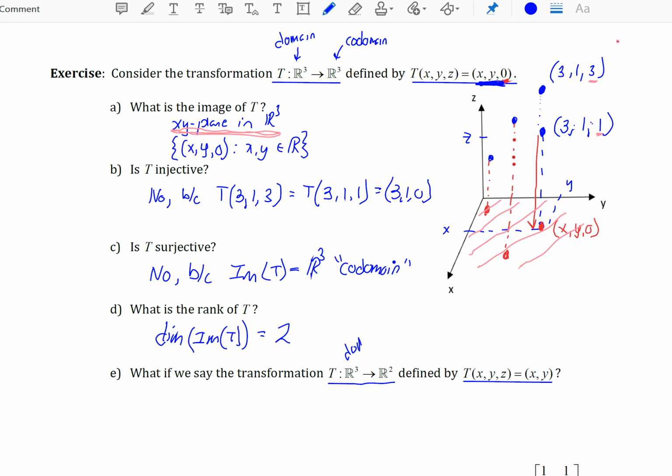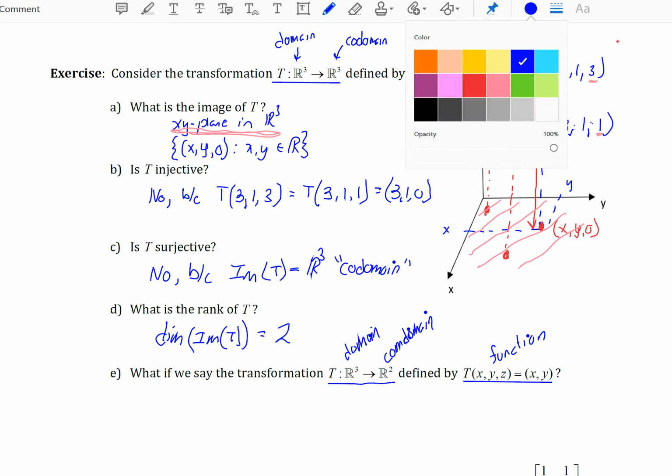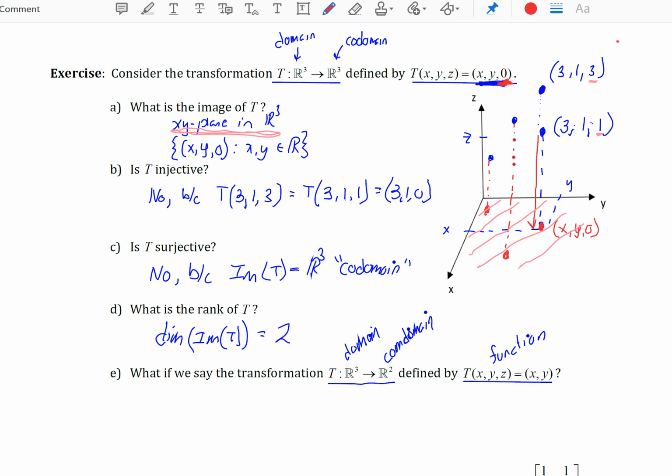I'm sorry, the domain stayed the same, but we changed the codomain to R2, which means we also had to change our function. Now we just get rid of the third coordinate. Before we made it equal to 0, but there were still 3 components to our vector. Now there's just 2 components, so now this is how we're mapping it into R2.